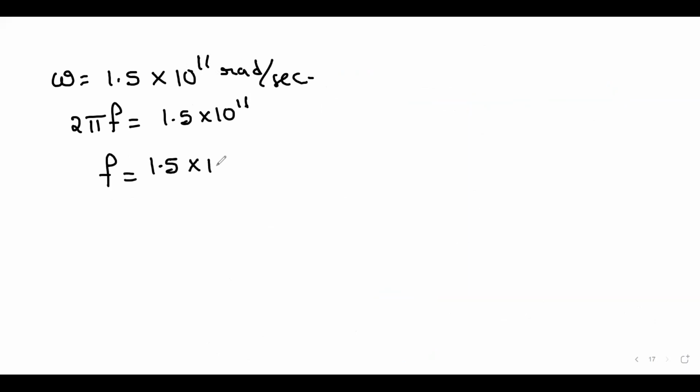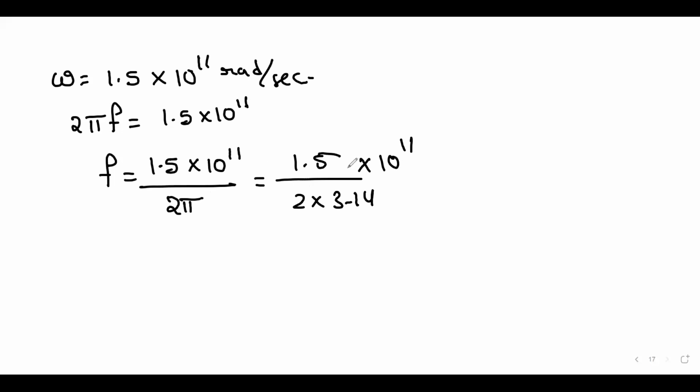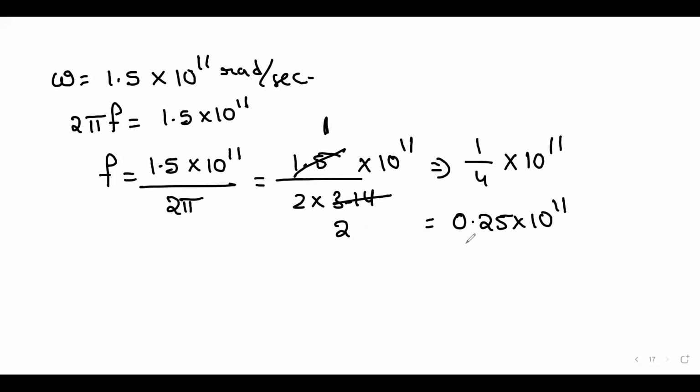So f is 1.5 into 10 power 11 by 2 pi, that is 1.5 into 10 power 11 by 2 into 3.14. 1.5 is nearly 2 in the numerator, so we get 1 by 4 into 10 power 11. 1 by 4 is 0.25 into 10 power 11.